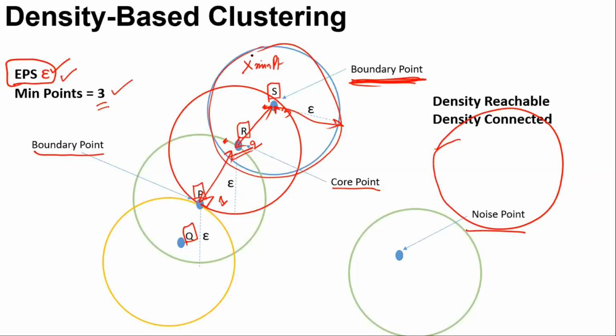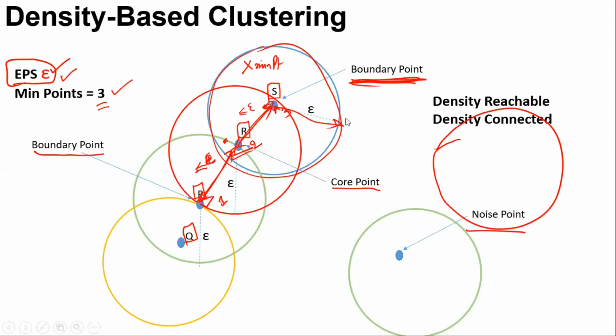Now you see here, P, R, S, these 3 points are lying in the same region. So the distance between P and R, and between S and R, is less than or equal to epsilon. This is very important.